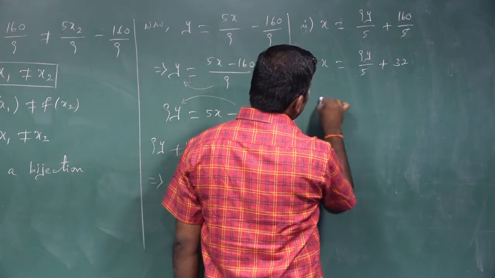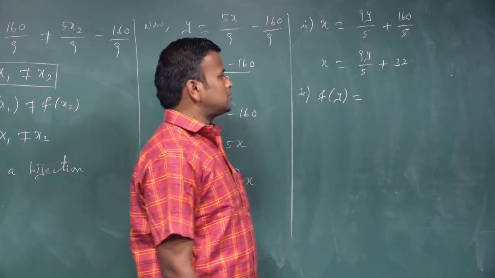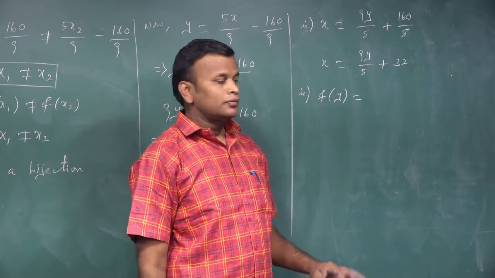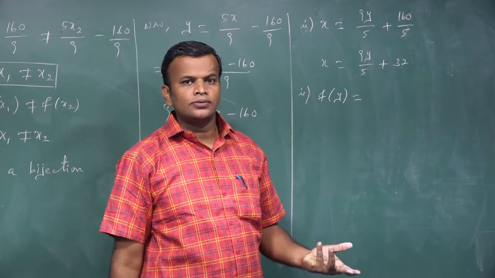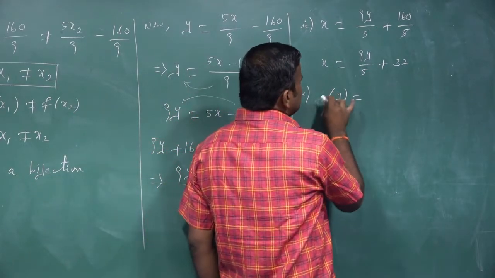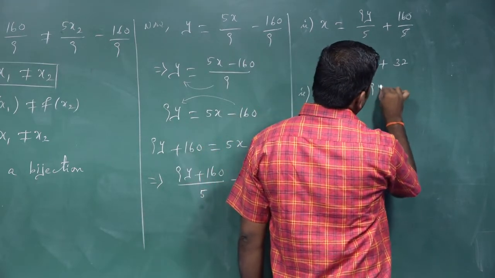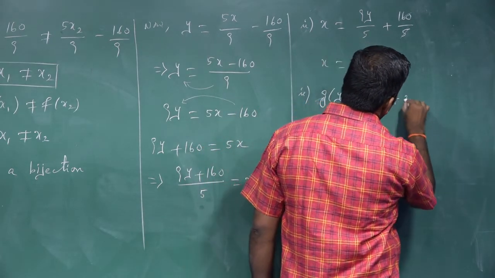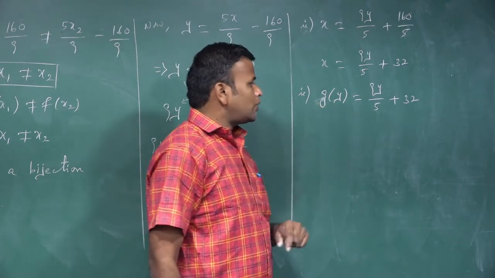That is, I say it is f of y, or it is your choice, you can take it as g of y also. I say it is f of y or g of y: 9y by 5 plus 32. Why do I say it is g of y?